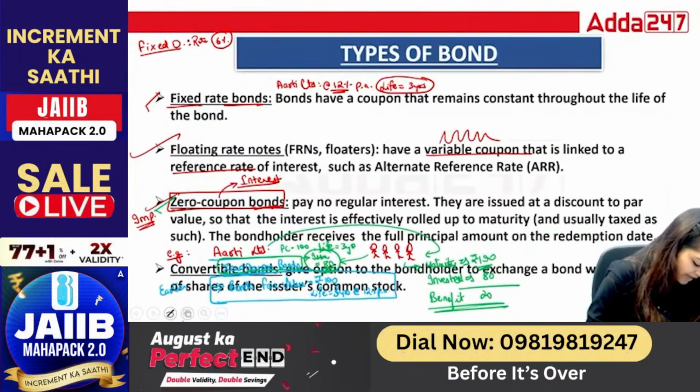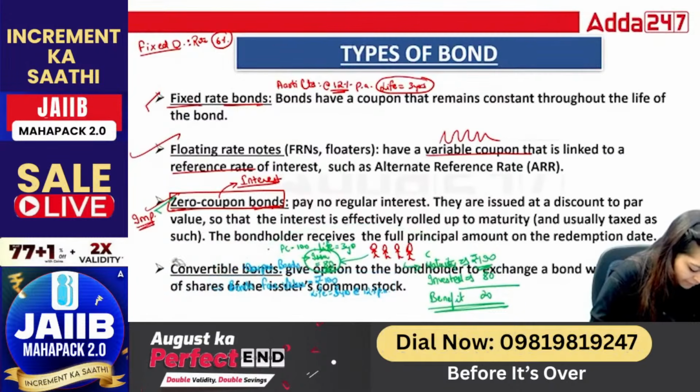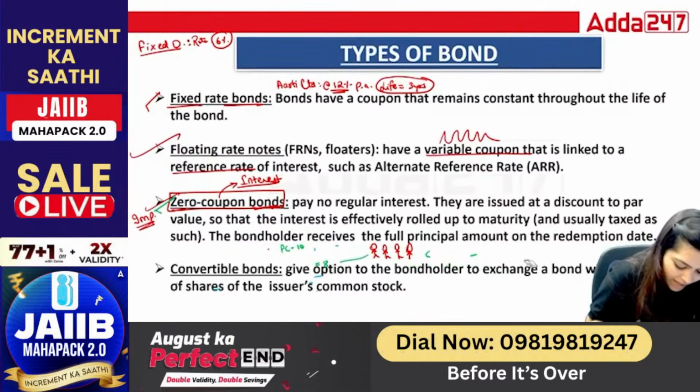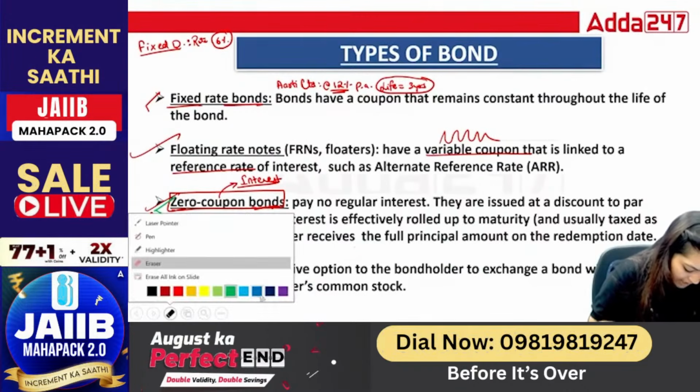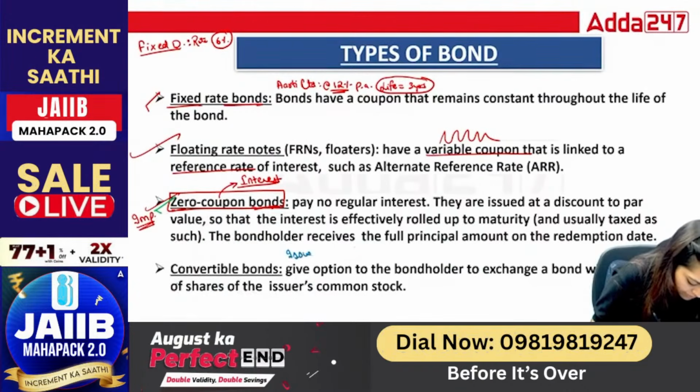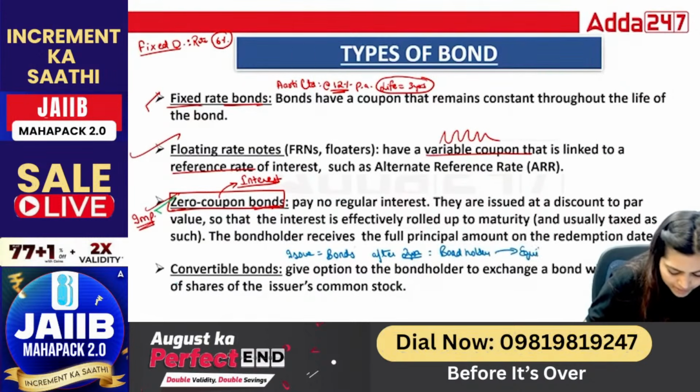Then one more we have, that is convertible bonds. Convertible bonds means at the time of issue, you are saying that we are issuing bonds, but after a few years, you are going to give the right to convert it into equity. Now, after 2 years, bondholders can convert it into equity.